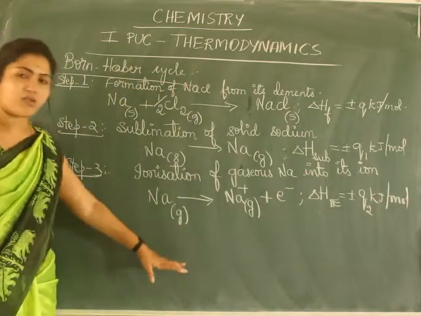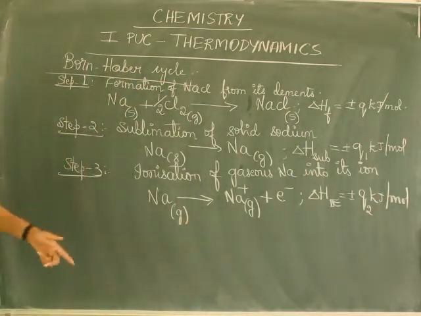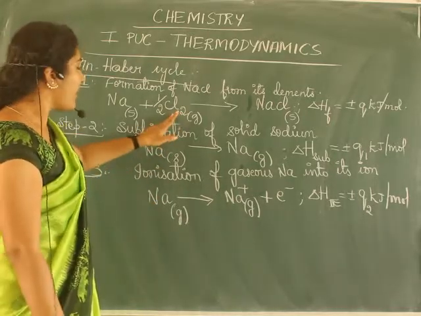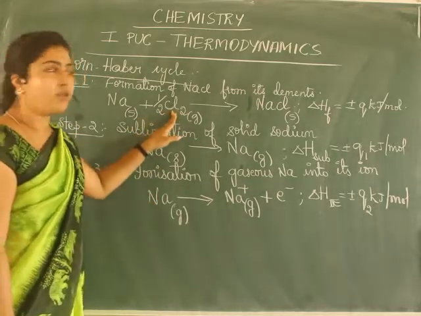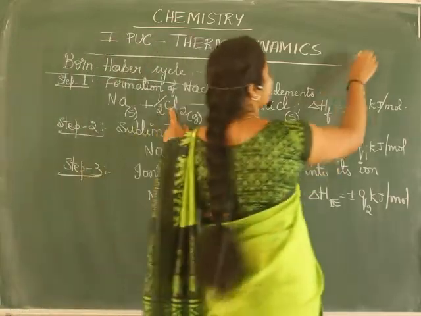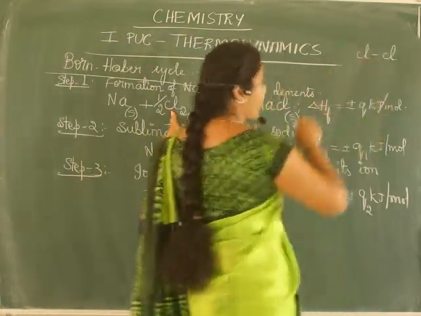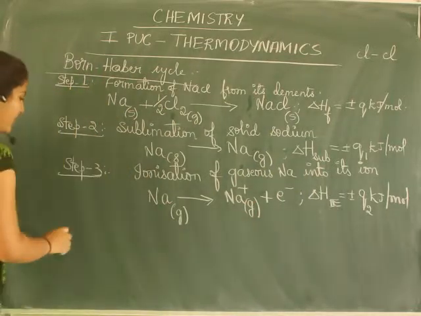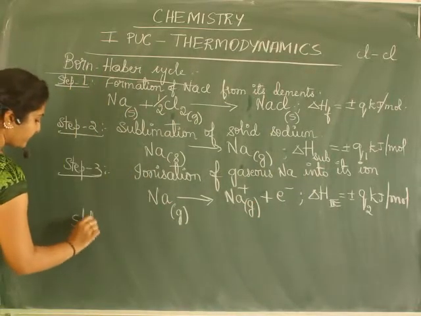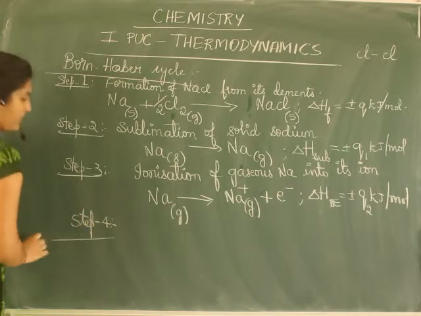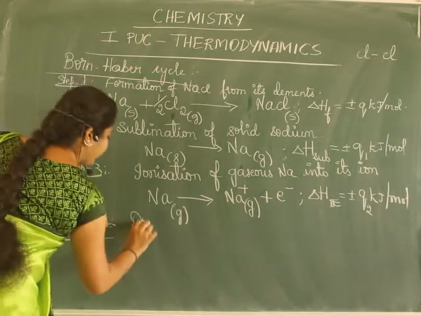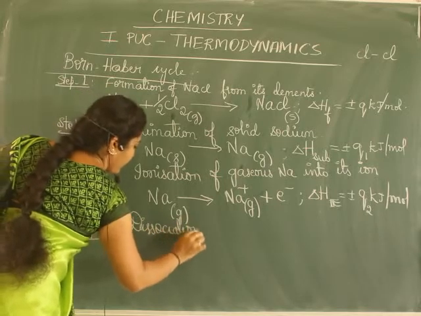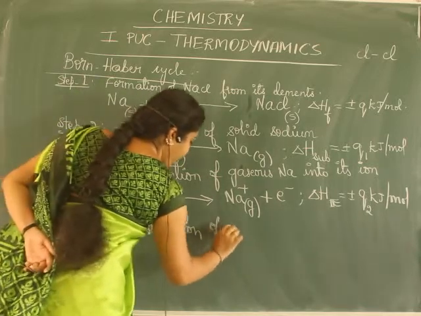So now we have sodium in its ionic form. What do we want next? Next we have to concentrate on Cl. For Cl2, I have told you that Cl2 means Cl and Cl have a bond. We have to break the bond. Breaking of a bond is called dissociation. So step 4 is dissociation of chlorine molecule.